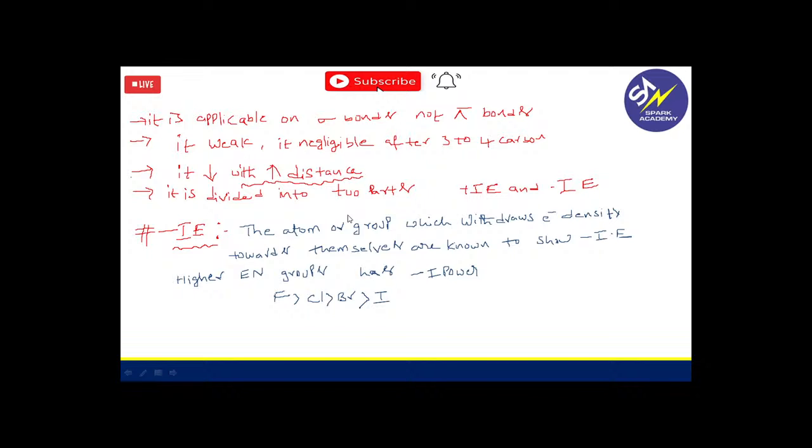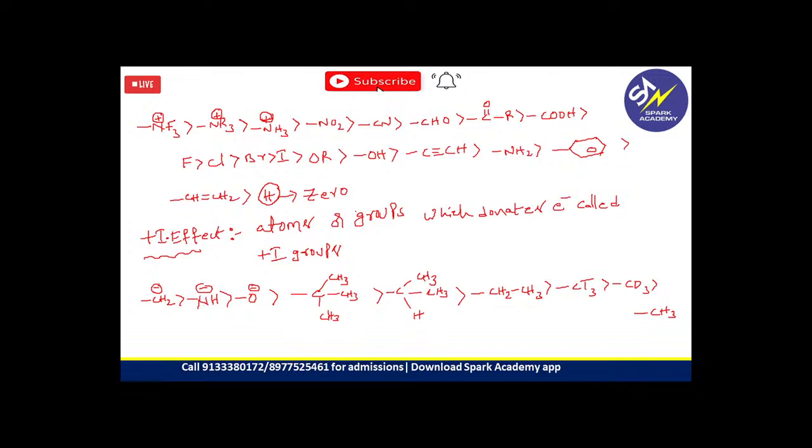Now plus I effect: atoms or groups which donate electrons are called plus I. Already I gave some important order of plus I power.